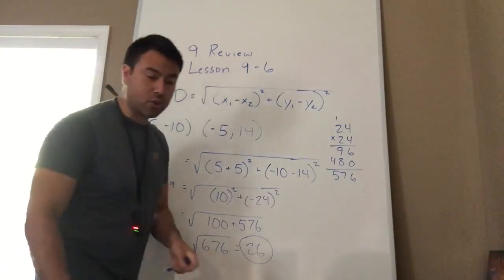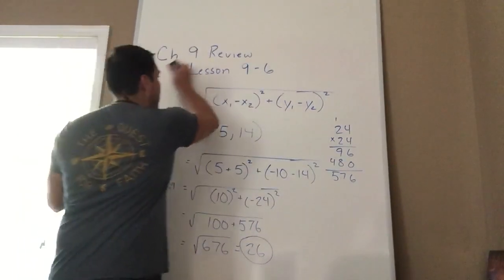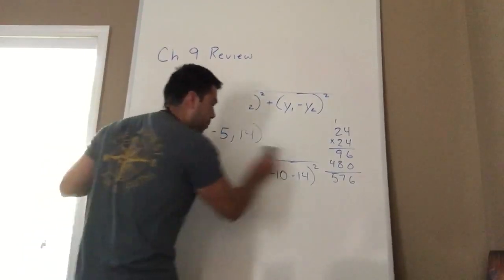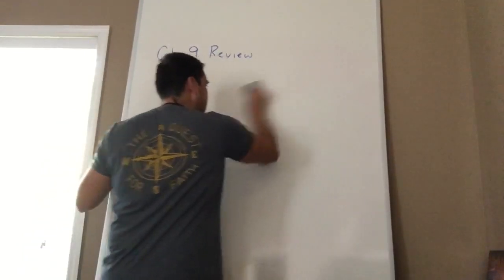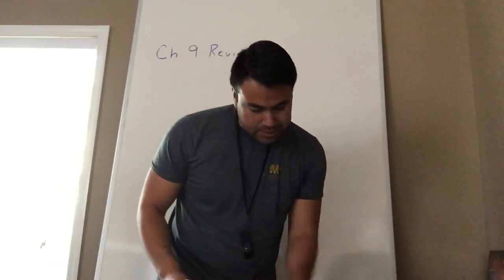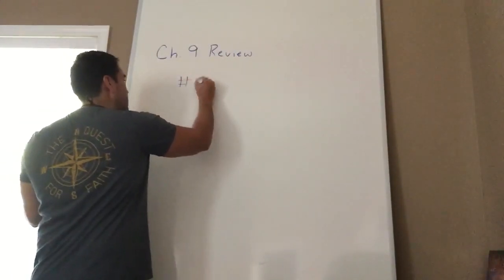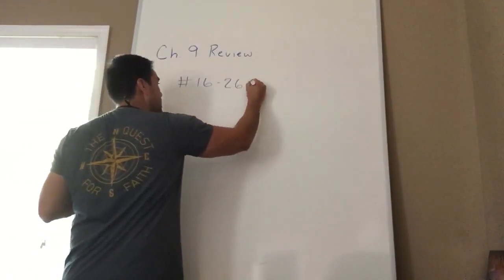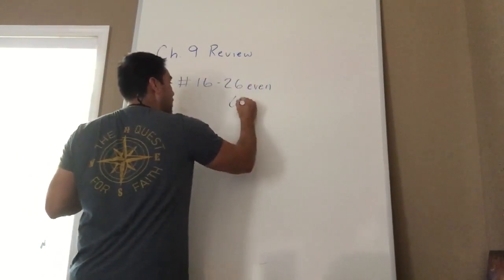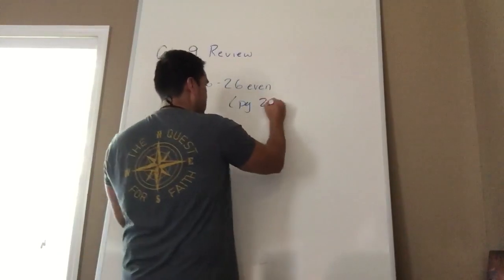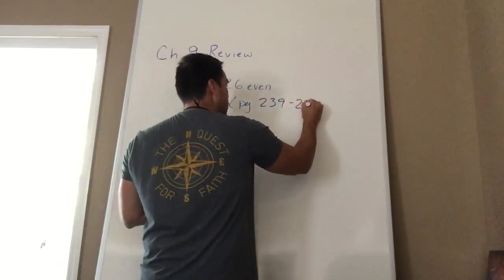So for your homework over this part that we just looked at, you're going to go back to that review section, and you're actually going to do numbers 16 through 26, even, and that's on pages 239, 240.